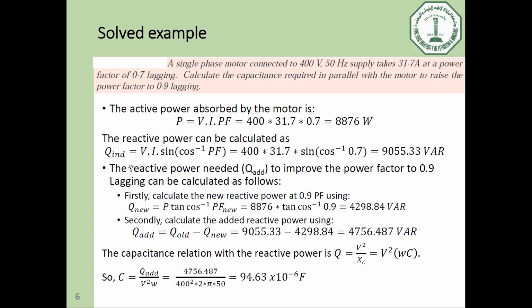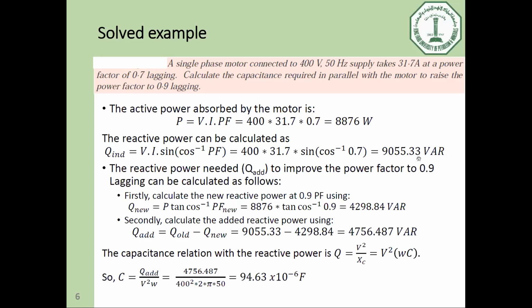So Q inductive, which is the Q old for the motor, equals VI sine theta, where theta equals cosine inverse of the old power factor. So simply it's 400 volt multiplied by the same current multiplied by sine of cosine inverse of 0.7. This is the old reactive power absorbed from the supply.